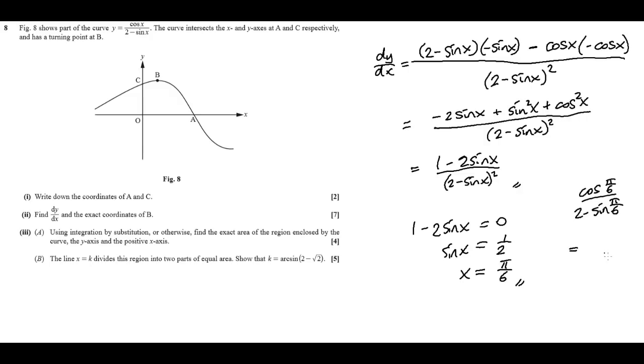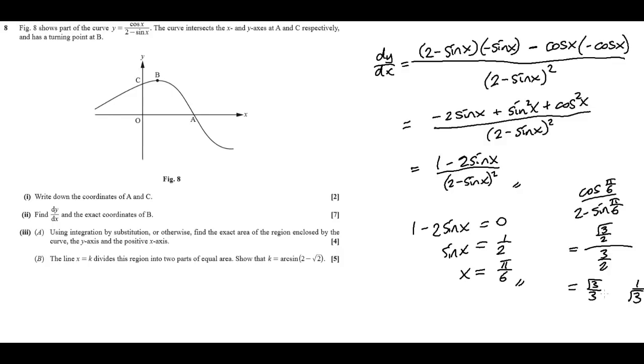So we get 3/2 at the bottom. Cosine of pi by 6 is root 3 on 2, and then we can get just root 3 on 3, or if you fancy, 1 on root 3, either way works.